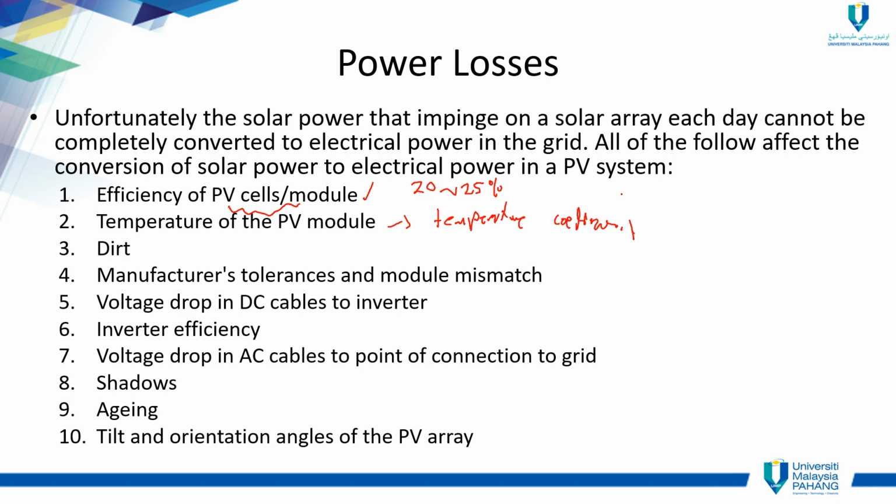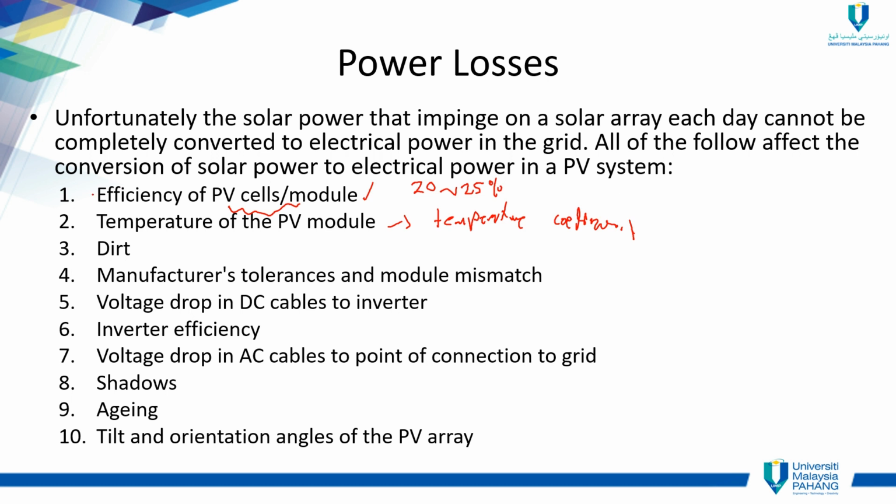By default, monocrystalline, polycrystalline and the majority of PV modules are affected by the change of temperature. This is something we need to accept as it is. Some PV module manufacturers are trying to improve this factor, but it is still there. There's nothing we can do.